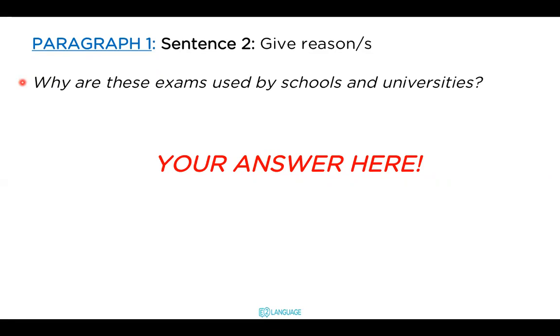Good. So Maria's reason is that all the students can be assessed at the same time with minimum effort of the teachers. Beautiful. Great reason. Well done. Julia says this enables teachers to assess a big group of children within a short period of time.